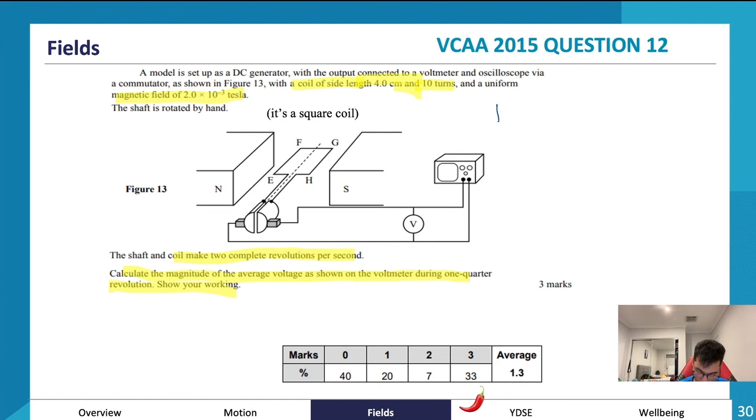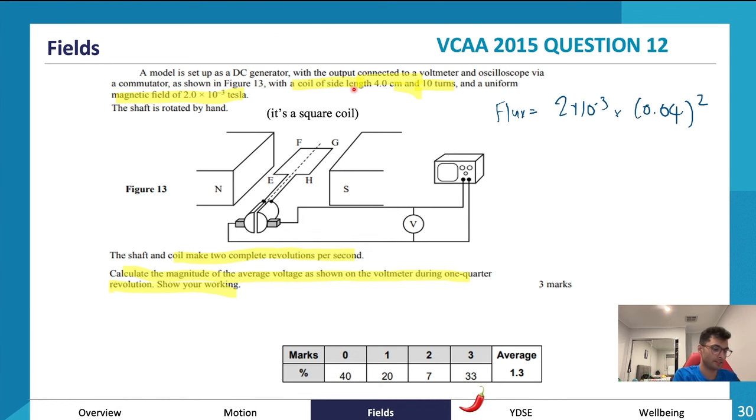So we know the flux is equal to the magnetic field, which is 2 times 10 to the negative 3, times the area. In this case, I'm assuming it is a square coil with sides of 0.4, so the area is going to be 0.04 squared because it is in centimeters.